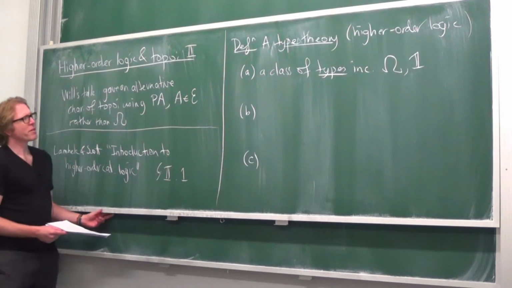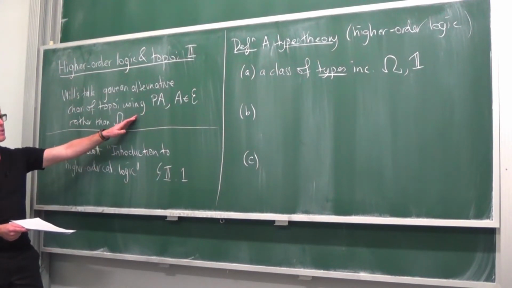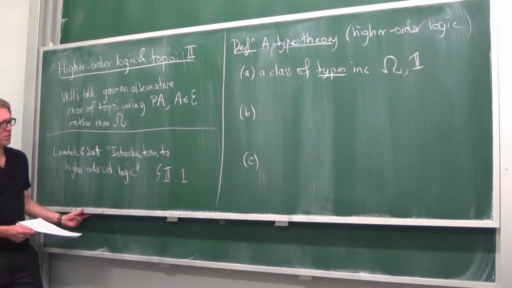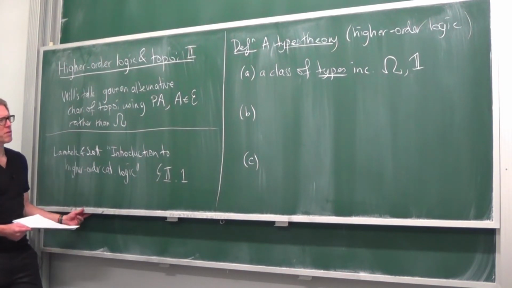So what we're actually going to have in the type theory and therefore in the category is both of these, but the role that's played by the omega is a little different to what we might expect. So that's why we need the approach in Will's talk. Anyway, we'll see. So omega should be thought of as the type of propositions.